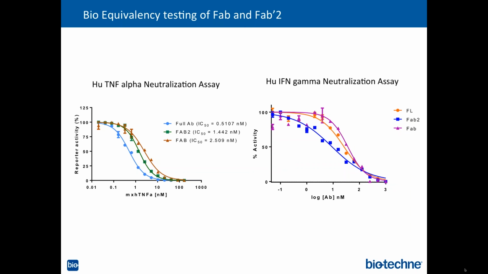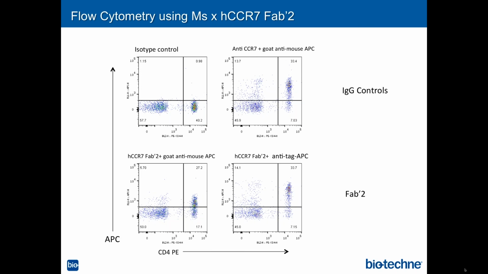So in this case, truncating the Fc region might result in a change of the folding of the antigen binding site. It might actually work to our advantage. Again, that's a working theory. We're still investigating some of these results. I just wanted to show you the different results you can expect going from a full-length antibody to an FAB'2 and then to an FAB, that it does vary with the target.